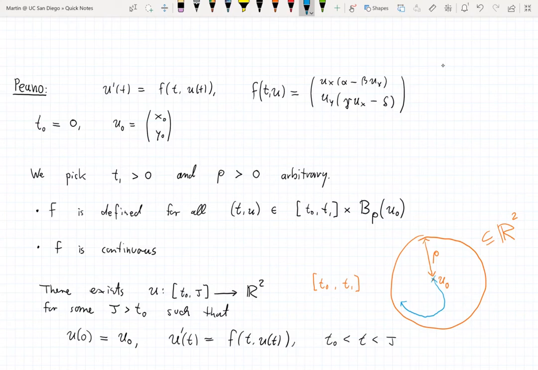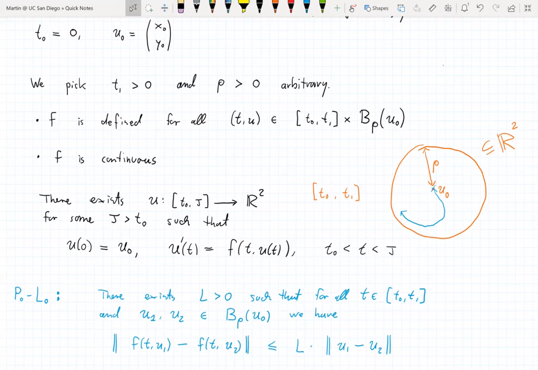Maybe the velocity of this trajectory becomes infinitely large. It is all still possible. The Peano existence theorem does not guarantee us the existence of the solutions for all times.